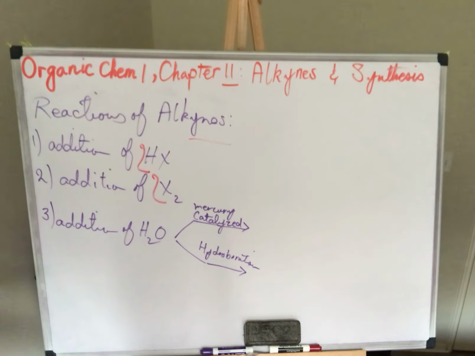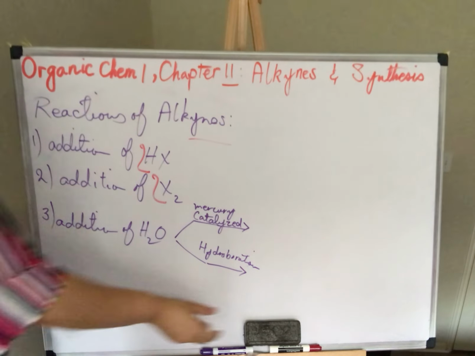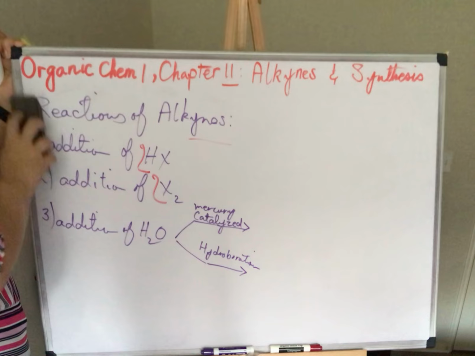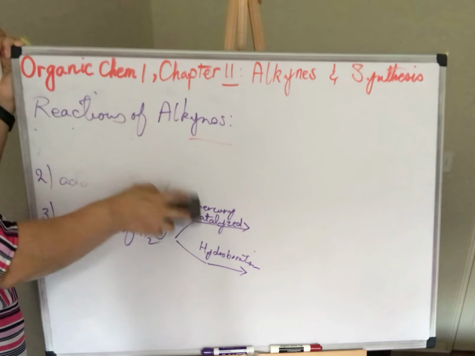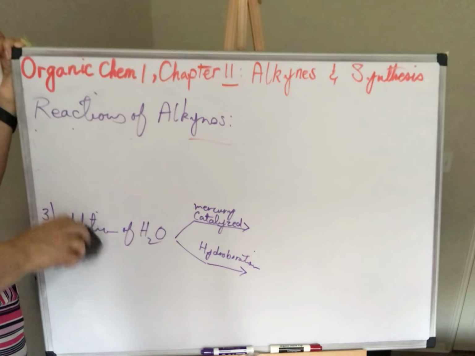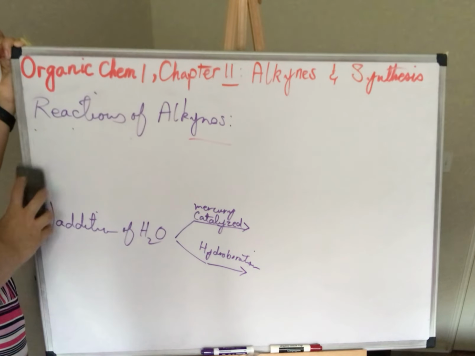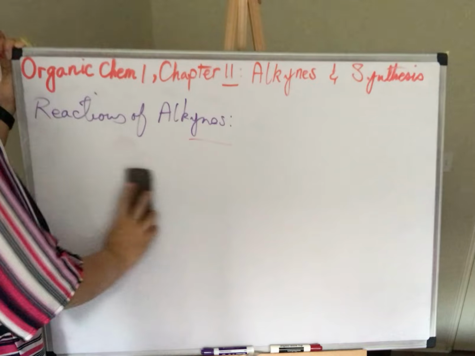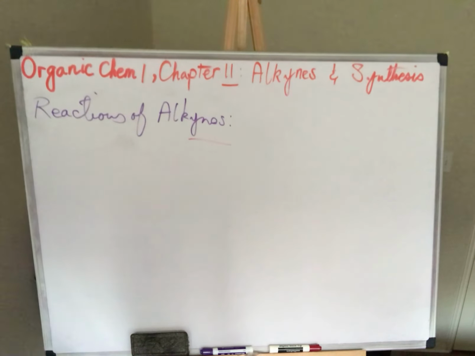We are not going to work on their mechanisms because you already know the mechanisms from the alkenes chapter. And for these 2, we just need to learn their products. The addition of water is what is going to be a little bit different, and it's going to make a difference in the products.